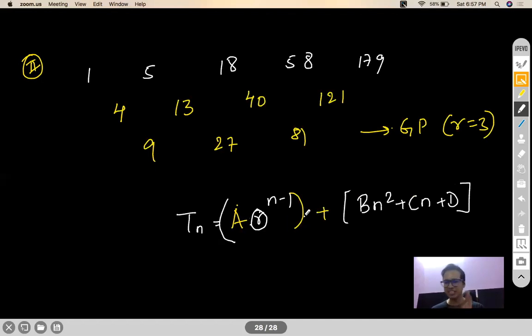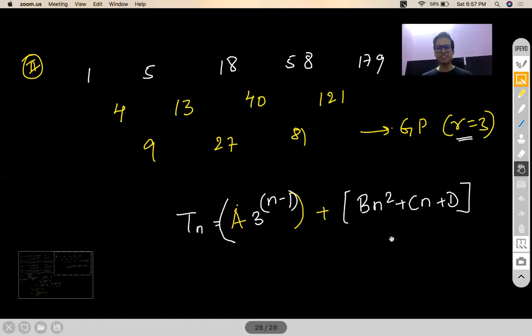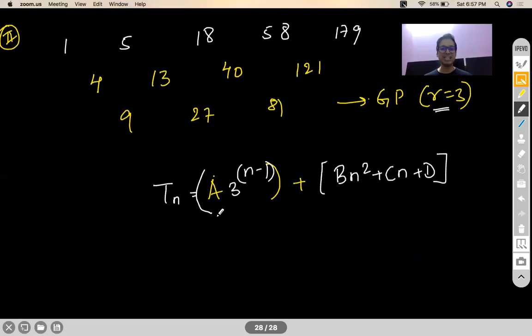The first term will not change at all, right? And this R should be replaced with this common ratio, which is 3. So this shortcut, again, I'm not going to prove it, helps you directly know your nth term. Your nth term would be of this nature: A 3 to the power n minus 1, plus b n square plus c n plus d.